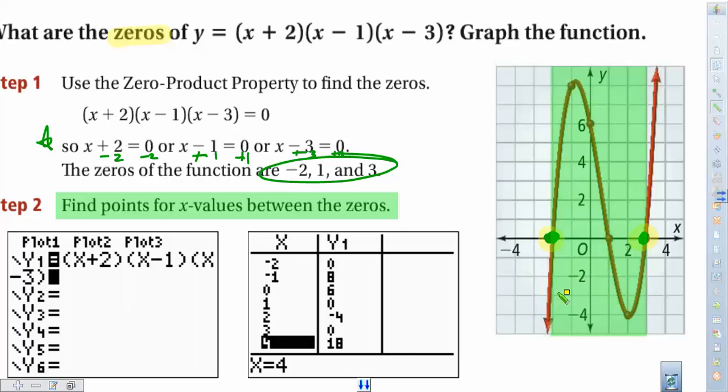The reason why we don't need to worry about anything else after that, outside of that green rectangle I just put there in the graph, is because of that concept we talked about in 5.1 about end behavior. Think about it for a second. X times x times x. So eventually this polynomial function is going to have a leading term of x to the third. And since that's a 1 and a 1 and a 1, we're going to have 1x to the third.